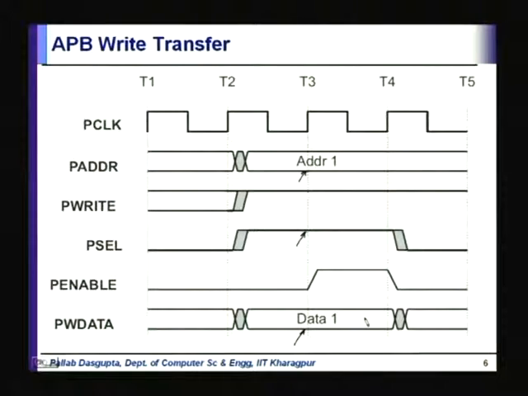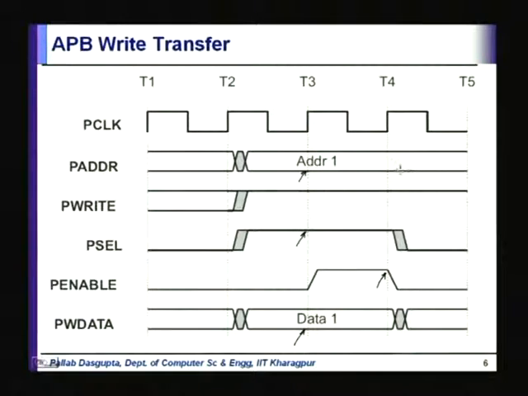Now when the slave gets these three, it gets time up to the next clock pulse to latch in the data, to save the data, okay, and in the next clock pulse P enable is raised, right, and when P enable is raised, the data is latched by the slave, right, and in the next cycle the master can take that data away and put another data, right.